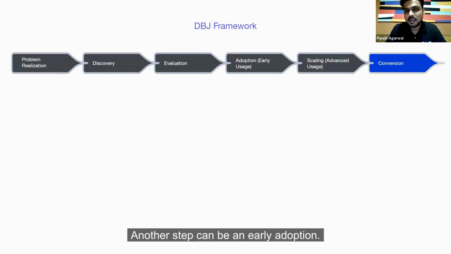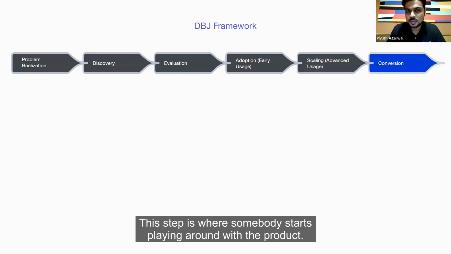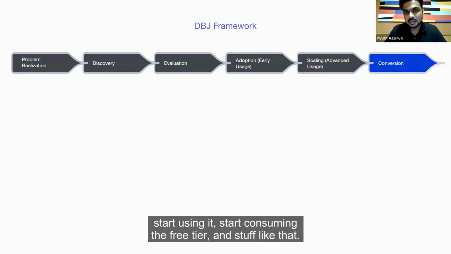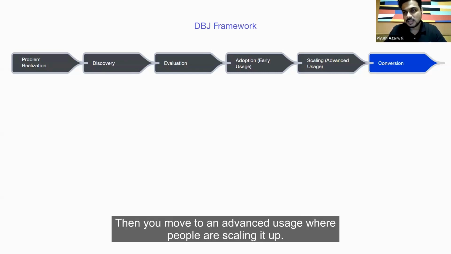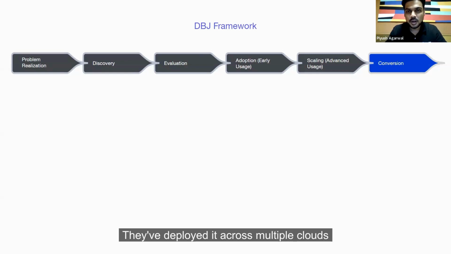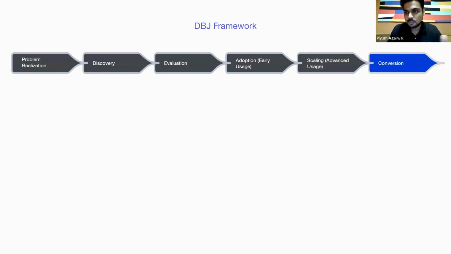Another step can be early adoption. And this step is where somebody starts playing around with the product. They install it on their local machine. They maybe sign up for a free trial, start using it, start consuming the free tier and stuff like that. Then you move to advanced usage where people are scaling it up. Maybe multiple teams have started using it. They've deployed it across multiple clouds and whatnot.